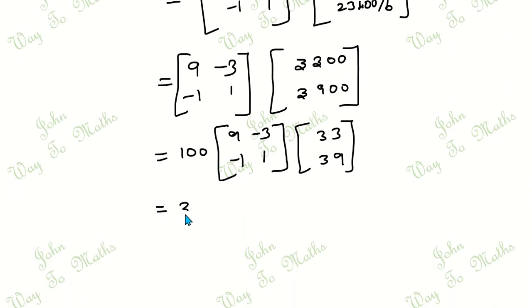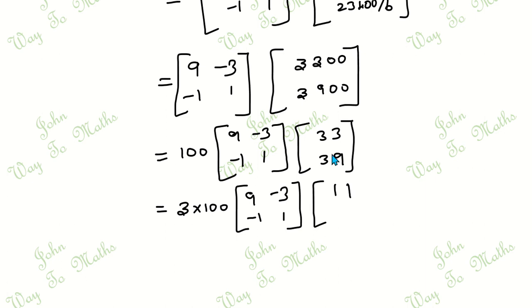So 3 into 100 of first matrix 9 minus 3 minus 1 plus 1. Here 3 comes out, means here 11 3s are 33. Here 13 3s are 39. So 3 into 100 becomes 300.